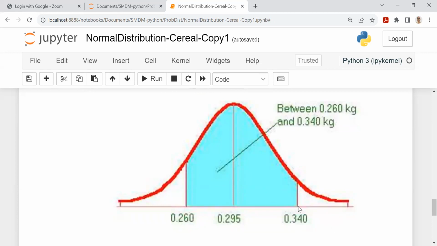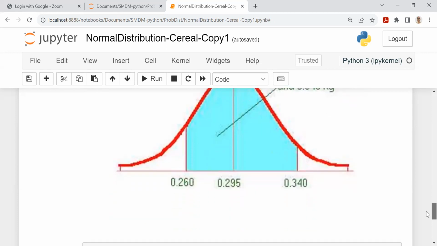This is 0.34. And you want this area. Therefore, it will amount to adding two probabilities: from 0.26 to 0.295 and then 0.295 to 0.34. So let's see now how it is done in the code.